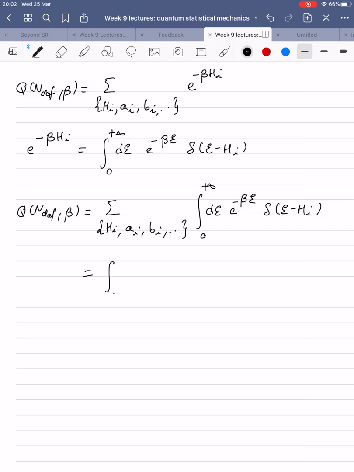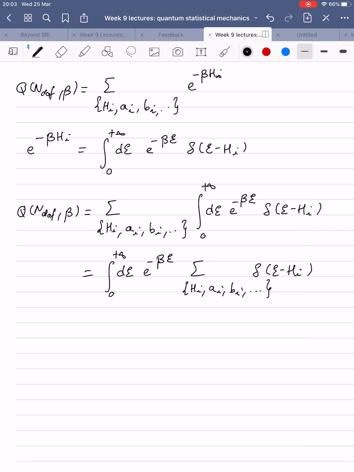So then this is the integral from 0 to plus infinity d epsilon exponential minus beta epsilon, and then I've got the sum over H_i, then a_i b_i, okay, and then delta of epsilon minus H_i.